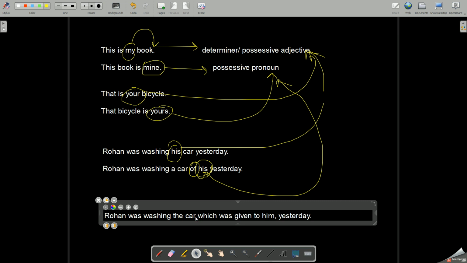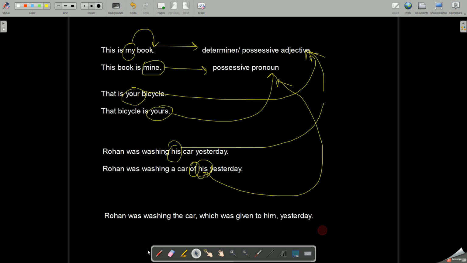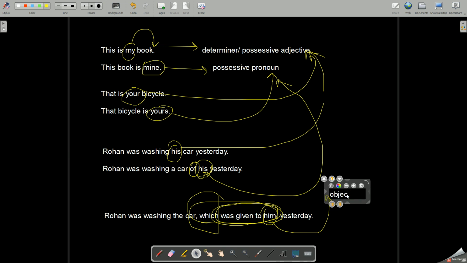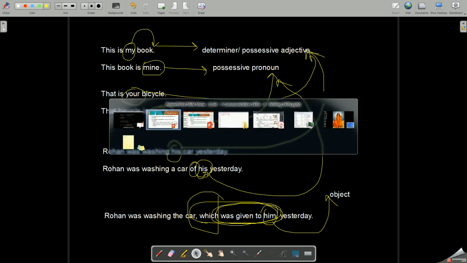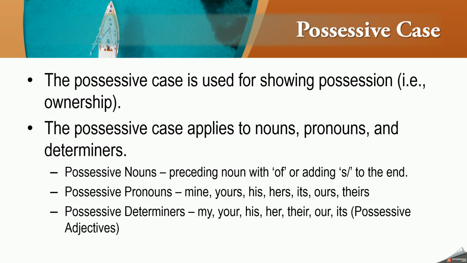So I have used a subordinate clause over here, which is represented by which was given to him. So which becomes the subject, and was given to him becomes the predicate within the clause, and this him becomes your object of that clause. So if you are using a pronoun in its object form, then that becomes the accusative case, which we will be seeing in the subsequent slide.